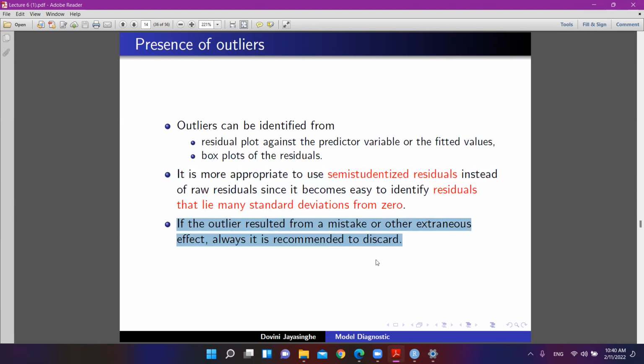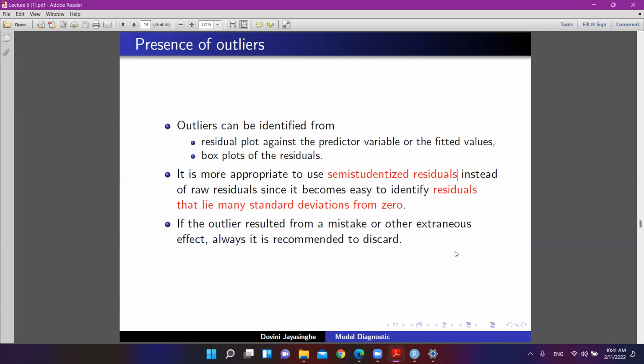Discarding means we are getting rid of it. For example, when you're entering a large data set, there could be human errors. Instead of 5, somebody might enter 55. Those things could be clearly identified from these plots.